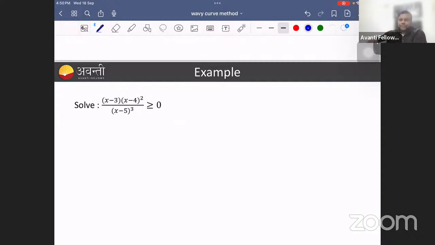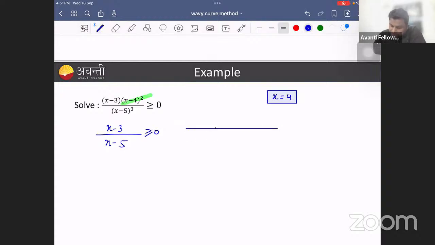See, first of all, you rule out this x minus 4 whole square. But write separately that x equals 4 will be part of the final answer because equality is there. So now the question you are left with is x minus 3 upon x minus 5 more than or equal to 0. Make the number line. Zeros are 3, 5, and make the wave.